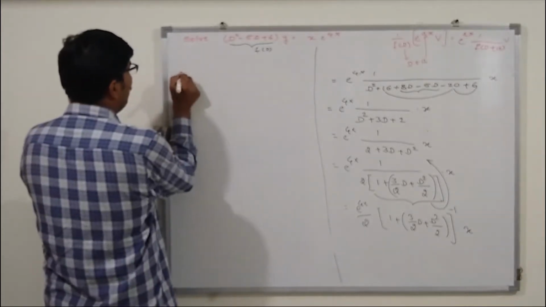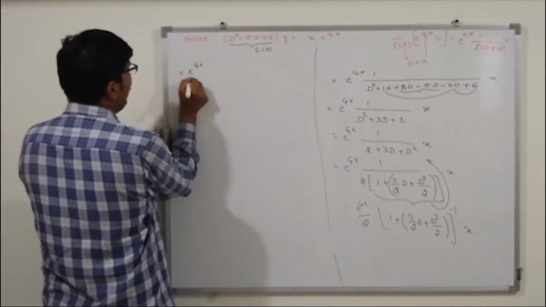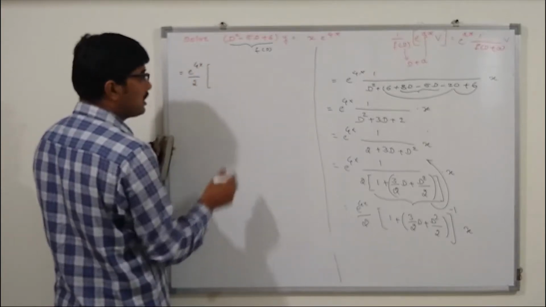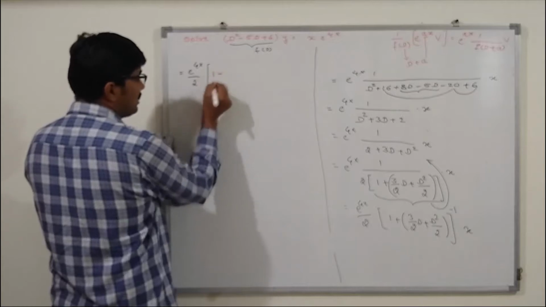this is equal to e raised to 4x divided by 2 into bracket. So by using 1 plus x raised to minus 1, that is 1 minus x.